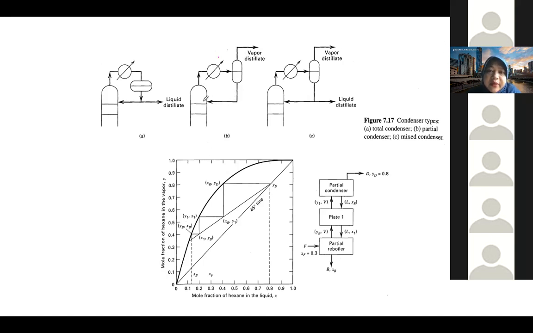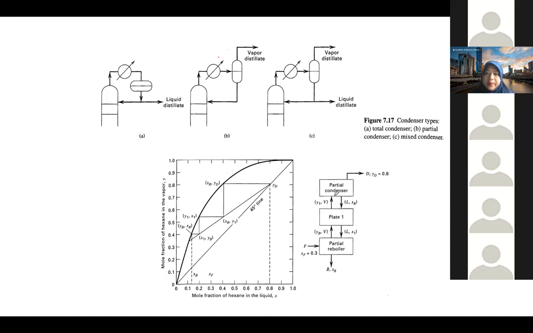This is a partial condenser. And also there is a mixed condenser. In the mixed condenser, we take some vapor distillate from partial condensation, and also some liquid distillate.